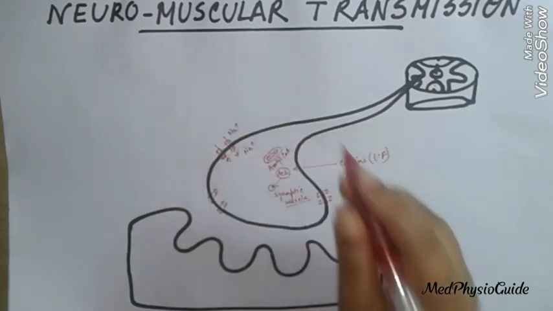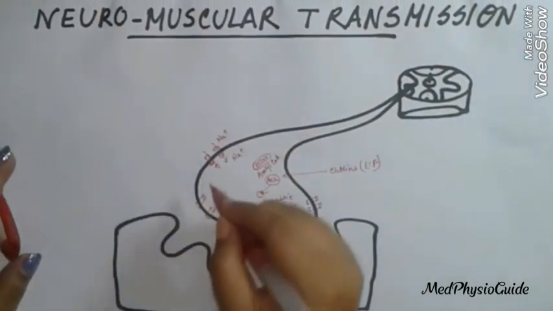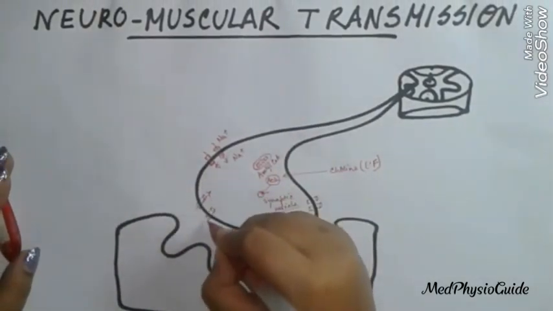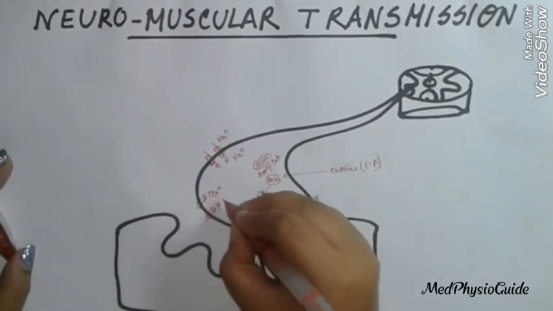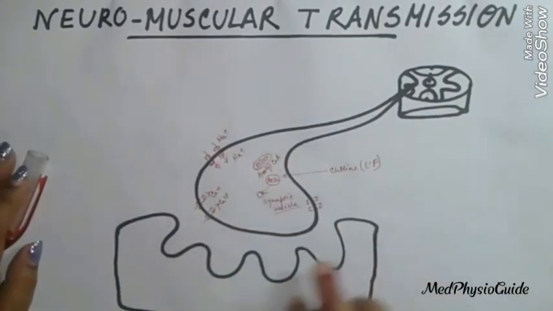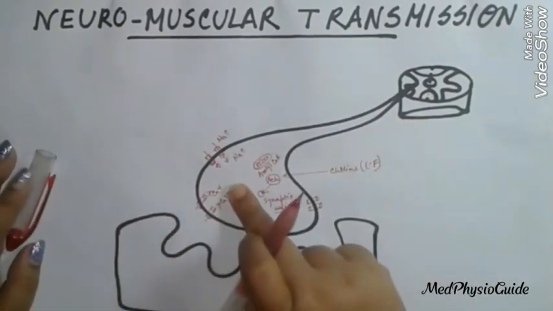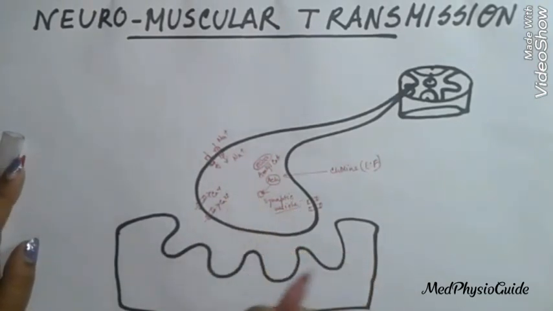Now, as a reaction, when the sodium is loaded inside the cell, the calcium channels even open up. So when the calcium channels are opening up, the cells are loaded with calcium, and there are a few calcium sensitive proteins present in the surface of the synaptic vesicle and the membrane of the nerve ending.